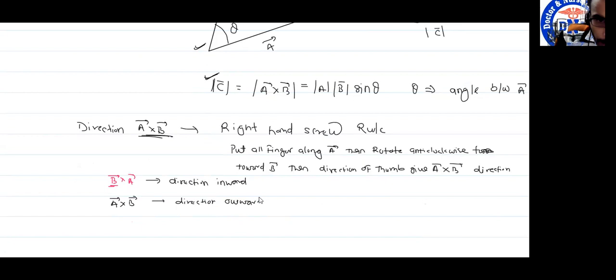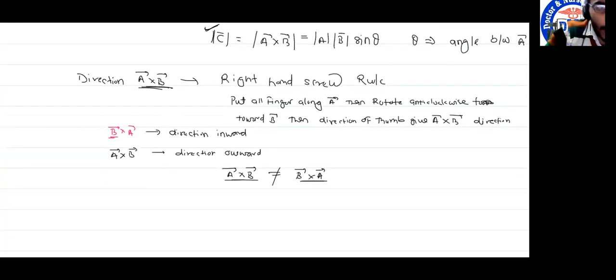So you can say A cross B vector is not equal to B cross A, because the direction of this vector and the direction of this vector will be different. One goes into the paper, one comes out of the paper. Inward and outward, that's why both are not equal.